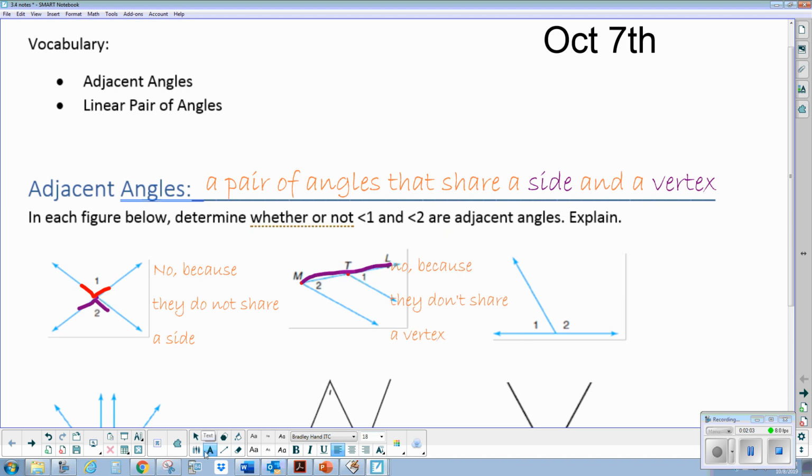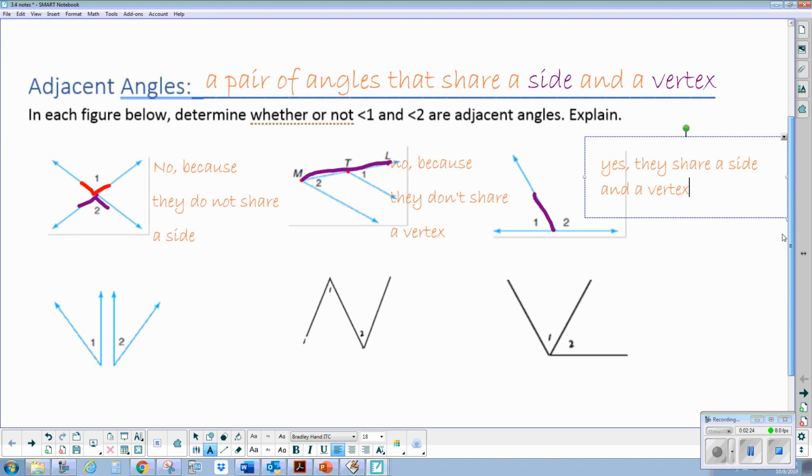Let's look at the next example. Here's a vertex for both of the angles, and here is a side of angle 1. It's also a side of angle 2. So in this example, yes. The two angles share a side and a vertex.